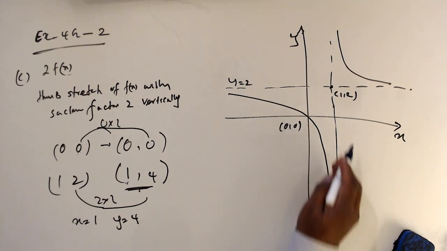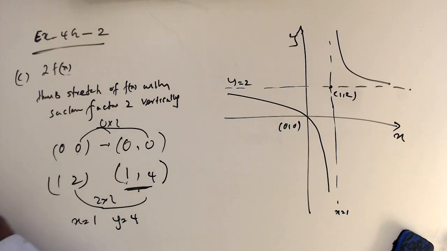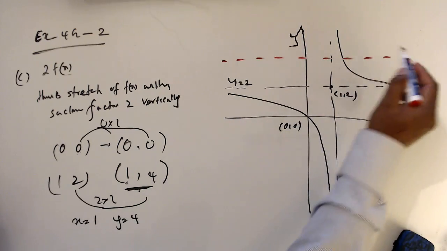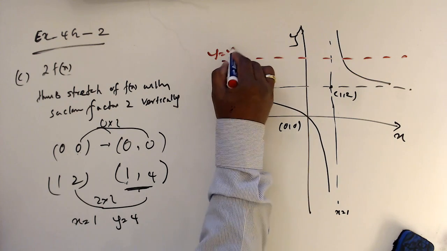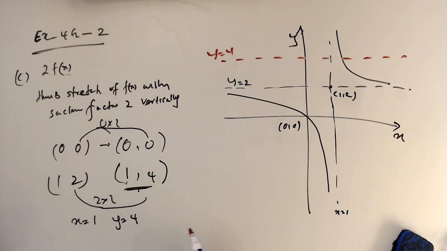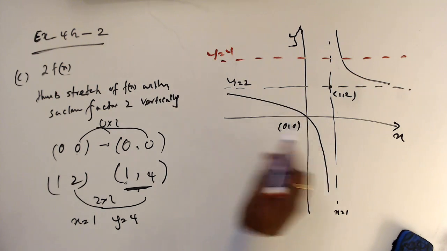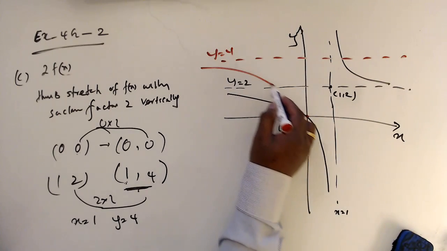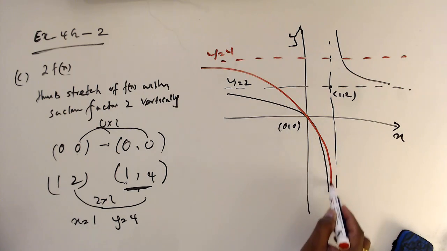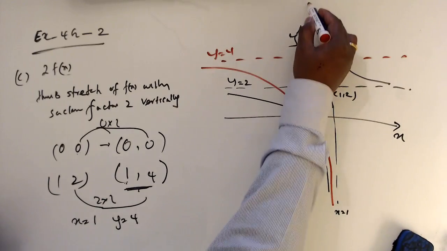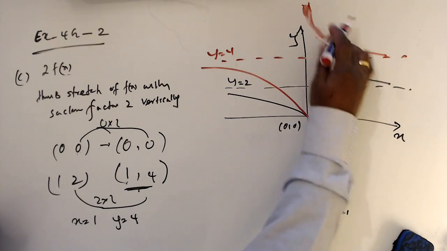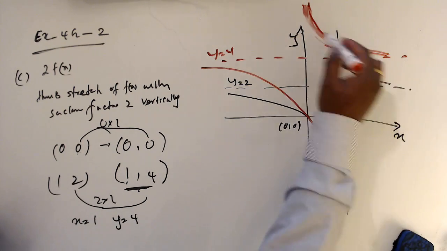So x equal 1 is going to be the same. Now I have a new asymptote, y equal 4. This is the y equal 4 line, the new asymptote, and the graph still goes through 0, 0. So something like that, and the other one is going to be like this.